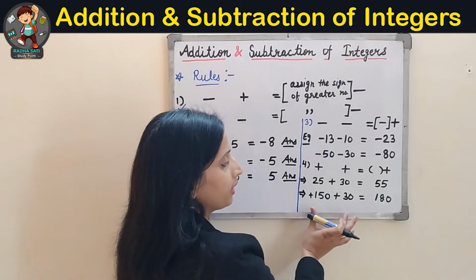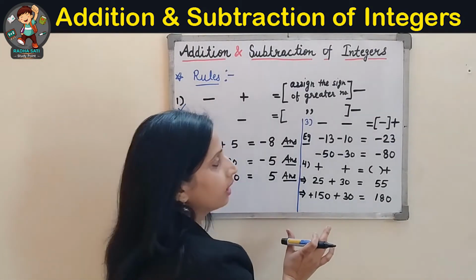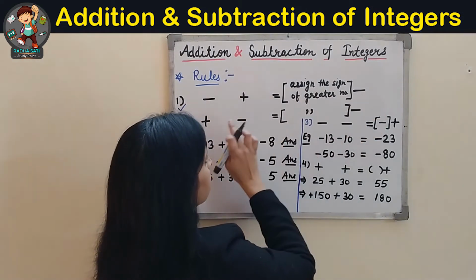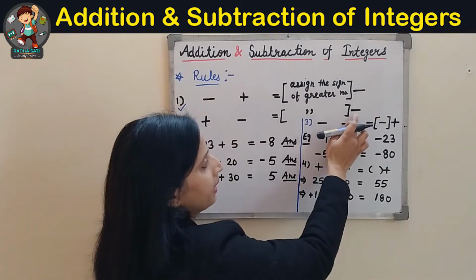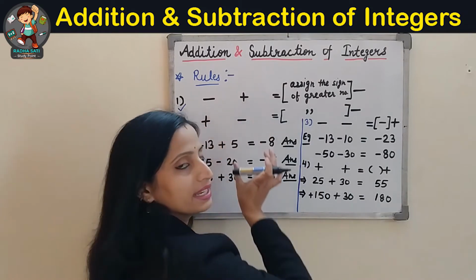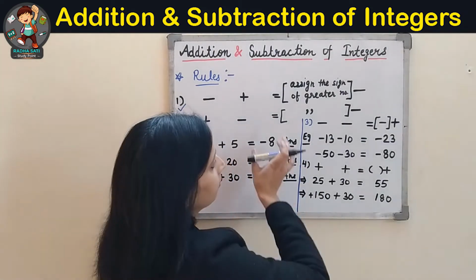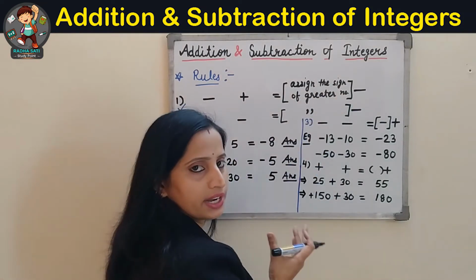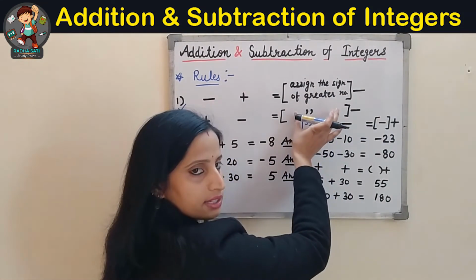So I hope that now these four rules are clear to you. First is minus plus minus, plus minus minus. Whenever the integers are having different signs, we will subtract and we will assign the sign of the greater number before our answer.